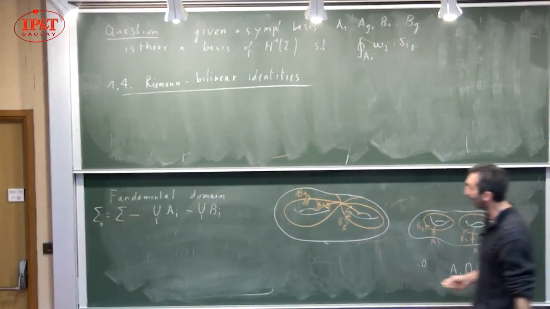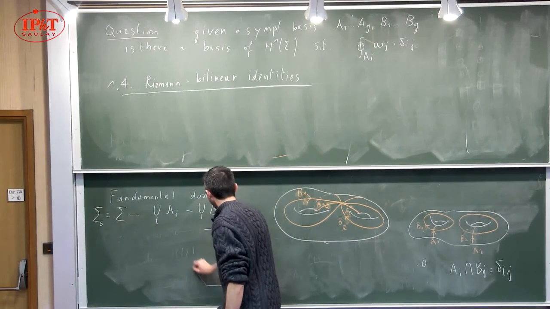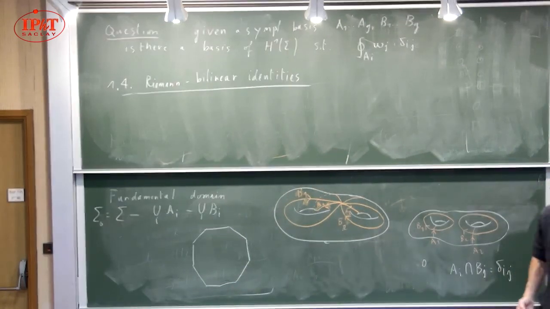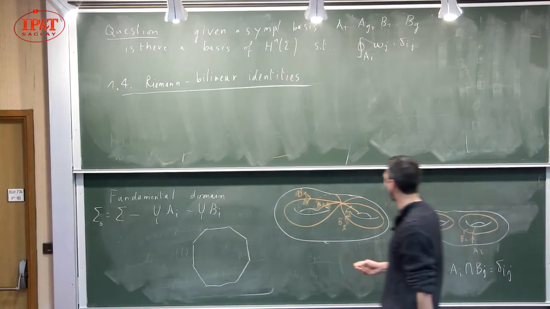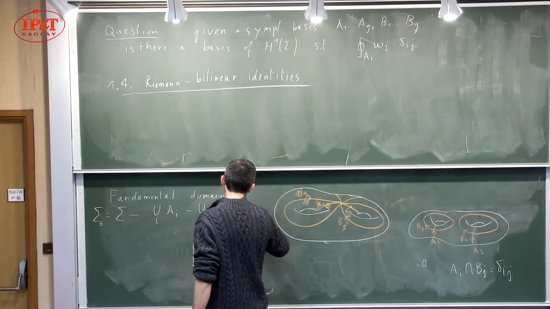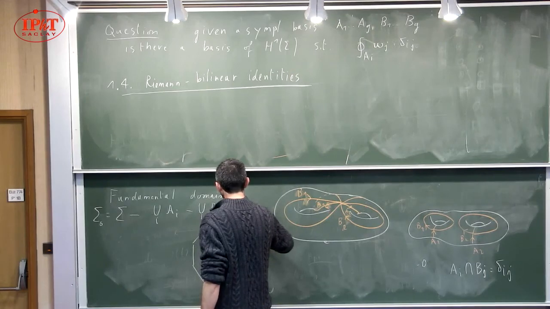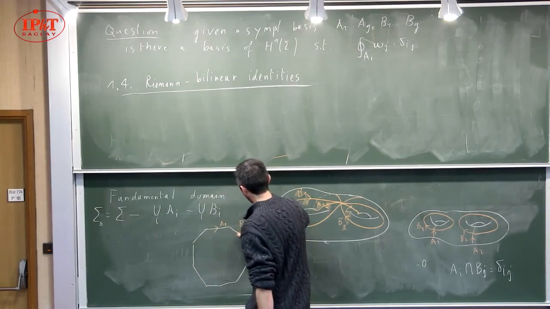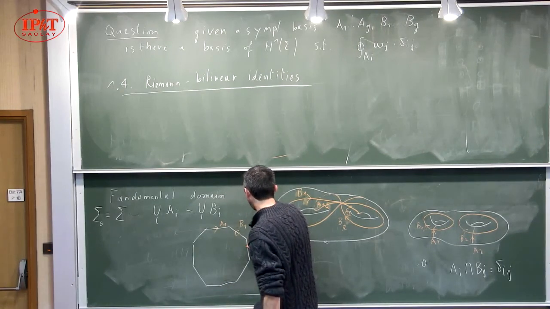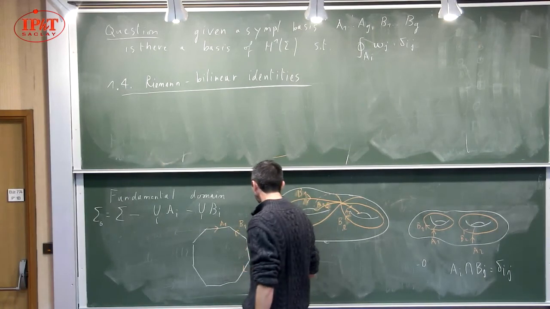What remains is a polygon with 2G sides, and typically you have, so this is A1, B1, that's the opposites. This is again A1 in the opposite direction, and this is again B1 in the opposite direction.